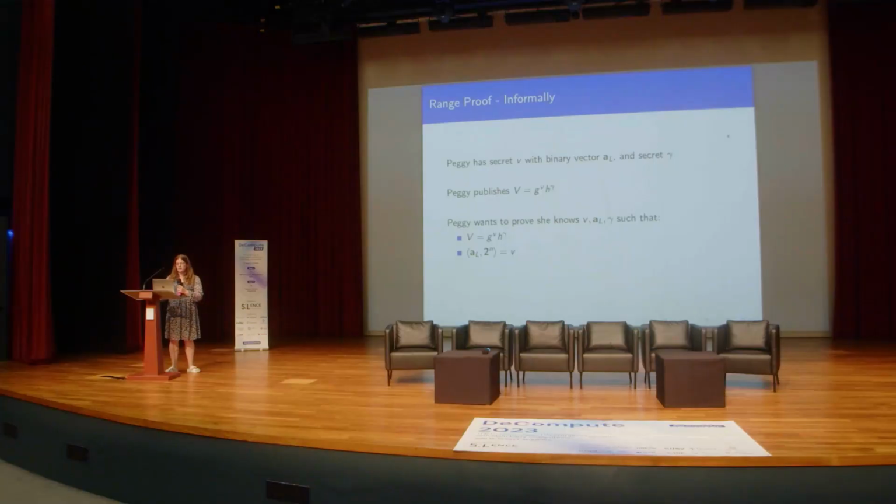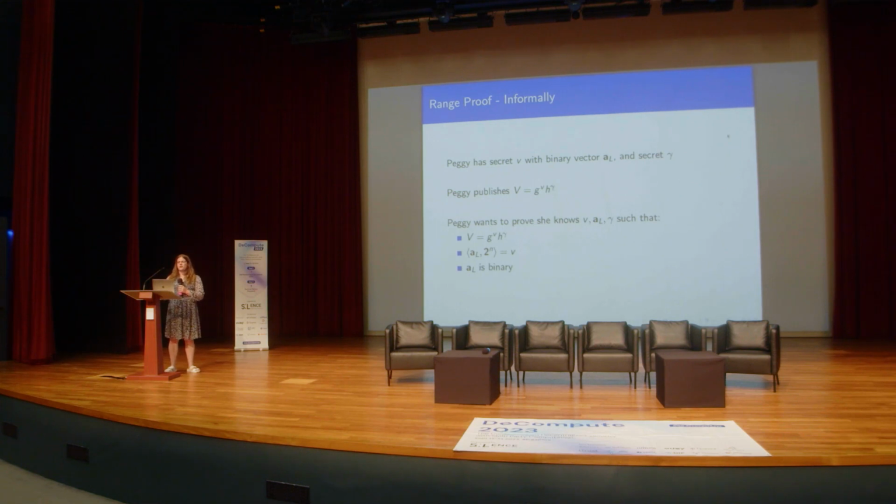She wants to show that the binary vector for V, this A sub L, the inner product of that with a vector of powers of 2 comes out to equal her secret value, which is basically to say that A sub L is the binary representation of V. And then she wants to prove that A sub L actually is binary.